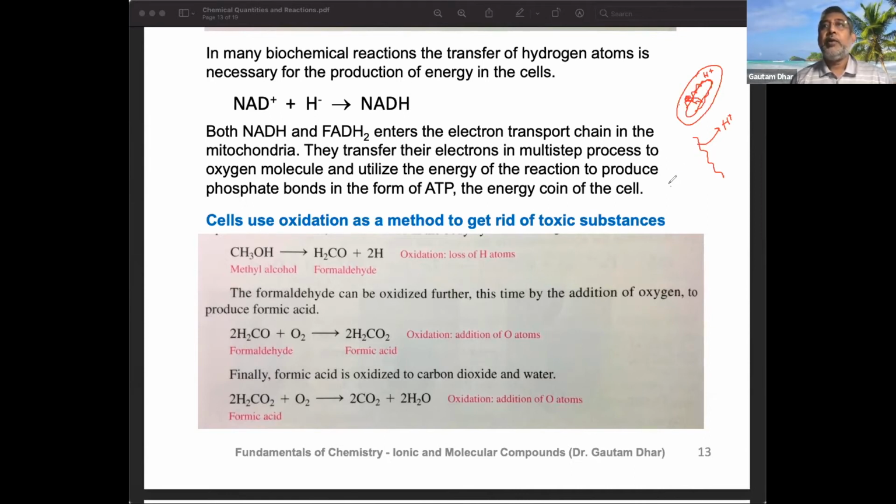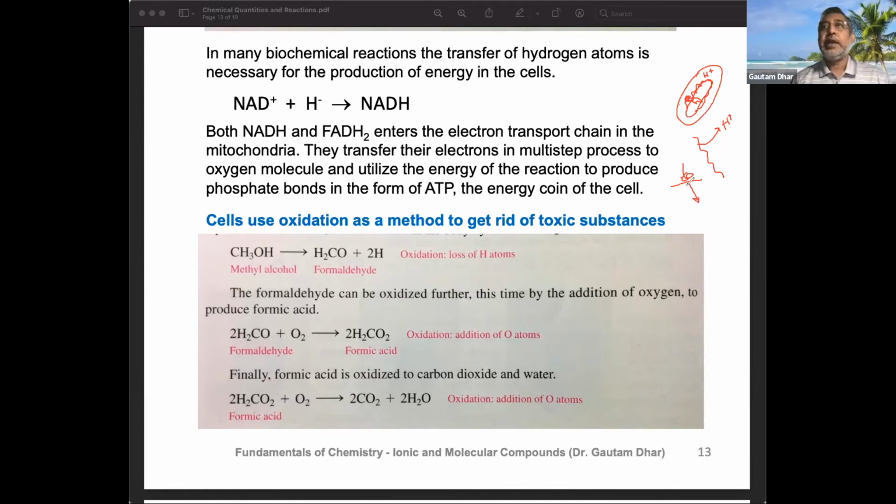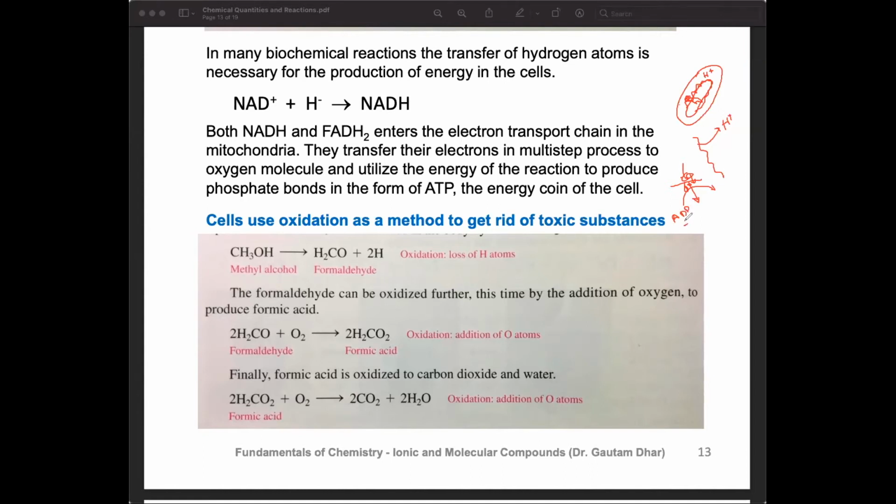So what happens? The proton passes through this enzyme, turning it like a rotor. It's a multi-subunit, huge enzyme, and it turns like a rotor. And what happens is ADP, adenosine diphosphate, reacts with a phosphate to give ATP.